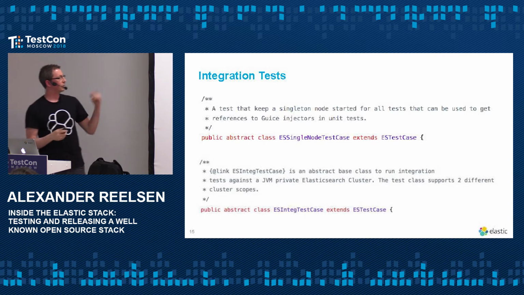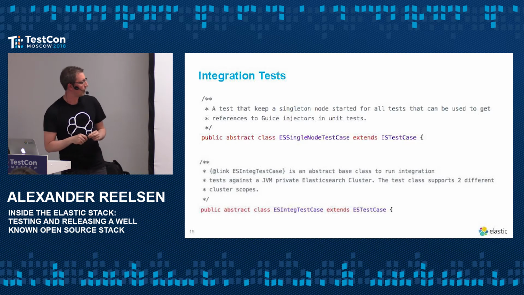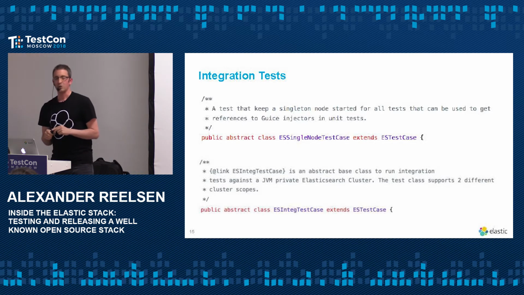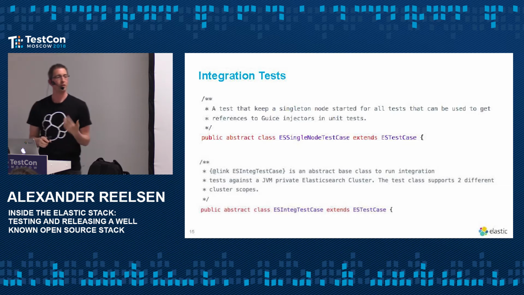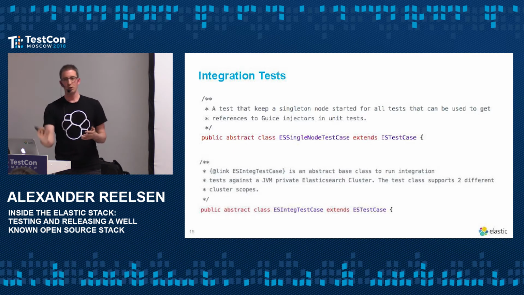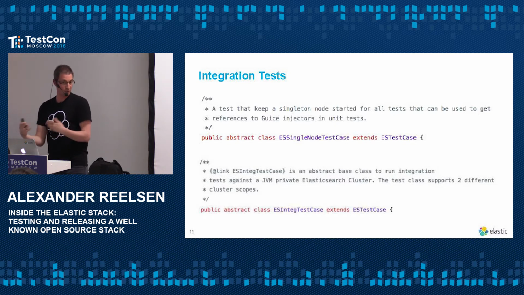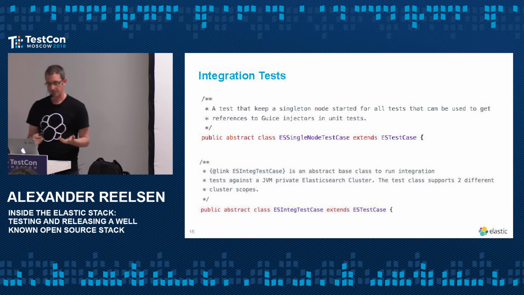And this is exactly what you can do with a single node test case. On top of that, we have something called the ES integration test case, which allows us to start several Elasticsearch nodes within a single test. So what we can do with this is, please start me a cluster which consists of 3 nodes, fire it up, and then run certain tests to make sure that distributed features are working as intended.